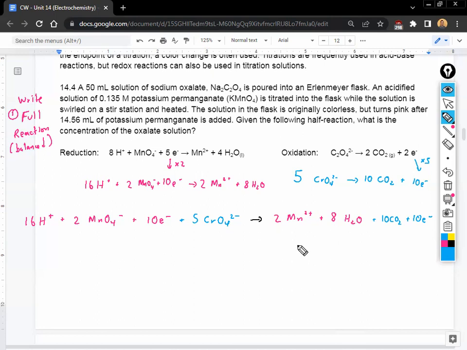Okay. Now, before we start using this for our stoichiometry, we need to get rid of the common factors. So what do we have on both the product and the reactant side? E, yeah, we got electrons. So we can get rid of the electrons because remember Hess's law, they cancel out with one another. So this is a little bit more manageable.